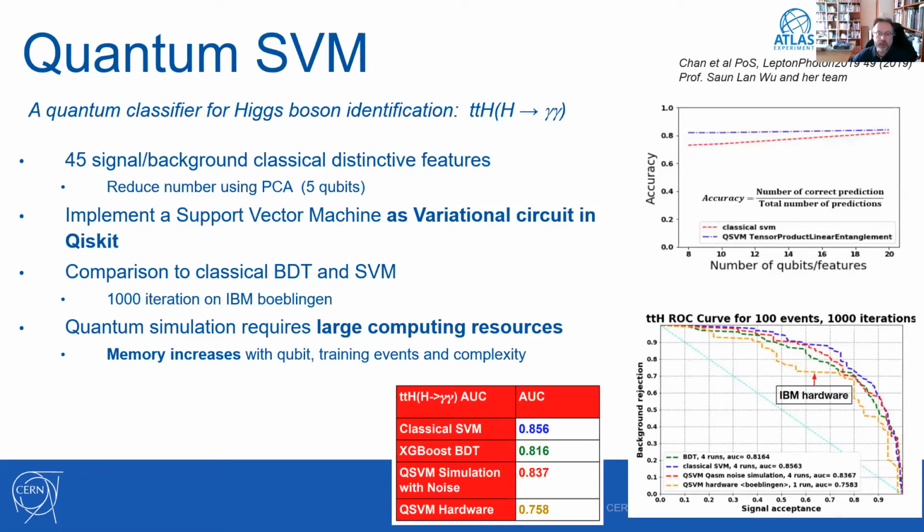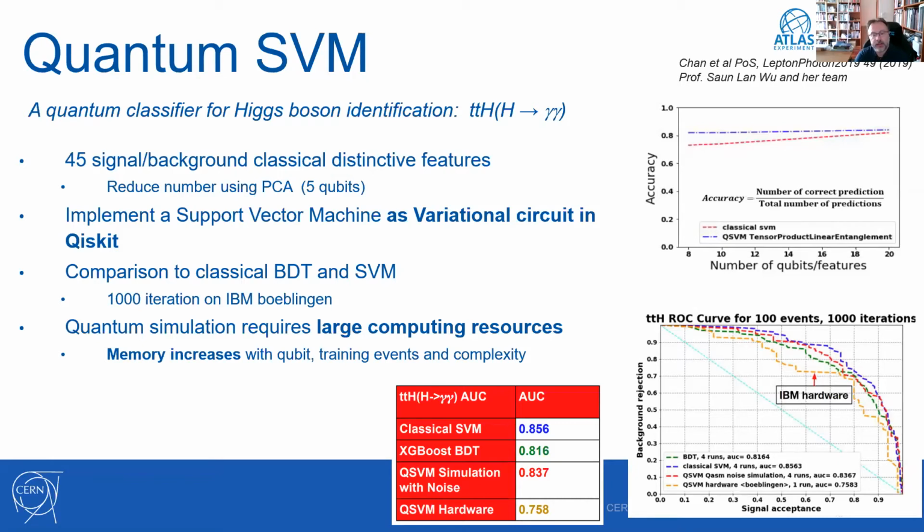You see from the graph again, right bottom, that the quantum approaches, the red line in this case and the yellow line. The red line is on software simulation, quantum software simulation, and the yellow line is real hardware.